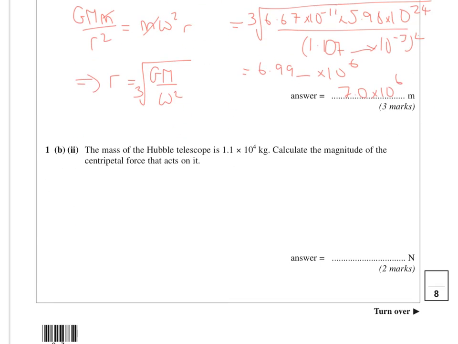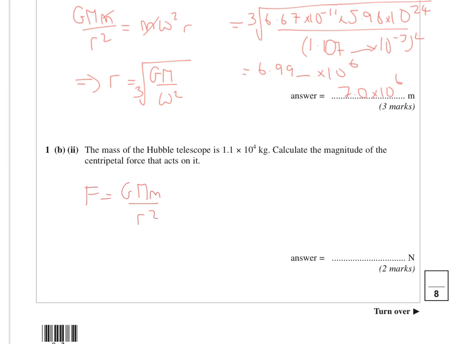The mass of the Hubble telescope is 1.1 times 10 to the 4. Calculate the magnitude of the centripetal force that acts on it. So we've got R in the previous question, so we want to do GMm over R squared.